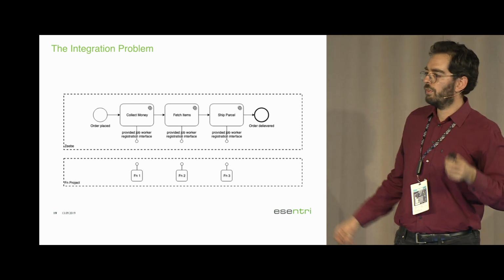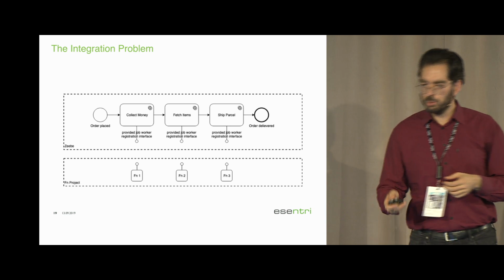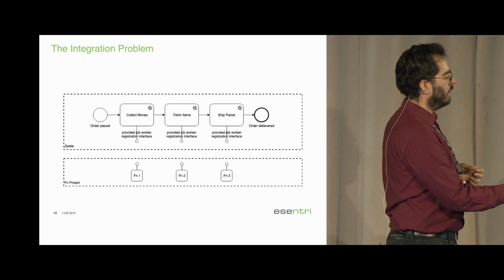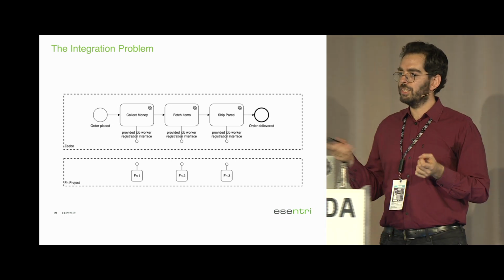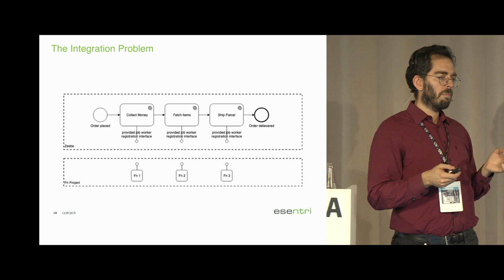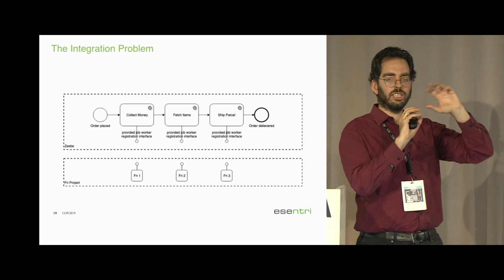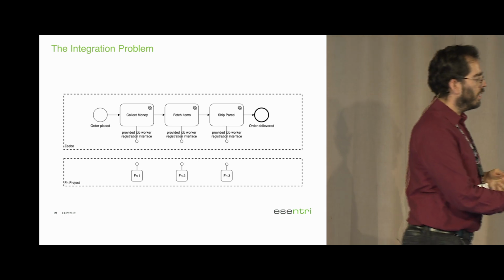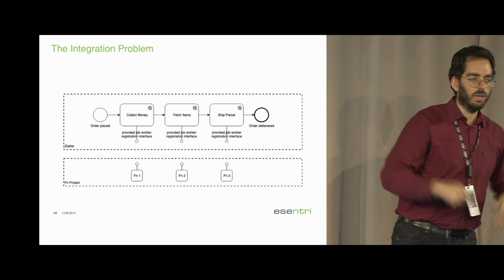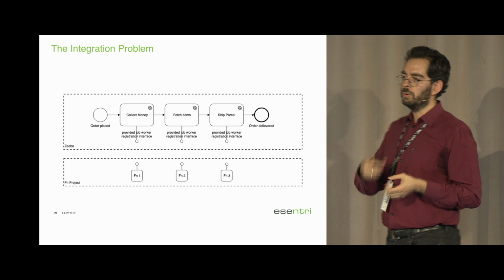If you are familiar with architecture diagrams, you would know that those round things are provided interfaces. So Zeebe provides interfaces for the job types so that some clients can process the jobs, and the Fn project functions are waiting to be called. So we need some glue.